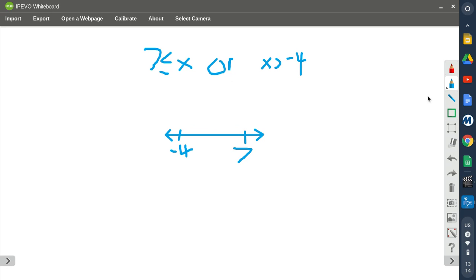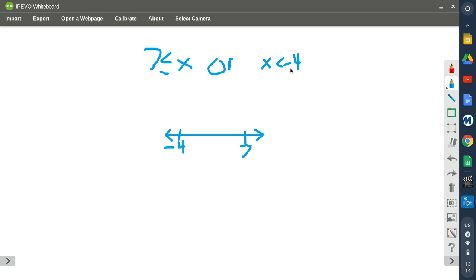No, I did that wrong. Never mind. Okay, so it's smaller than -4. You have -4 here and 7 there.